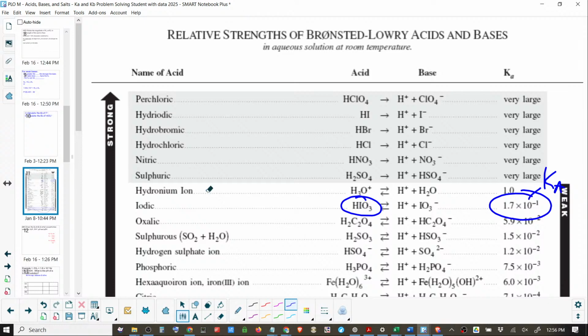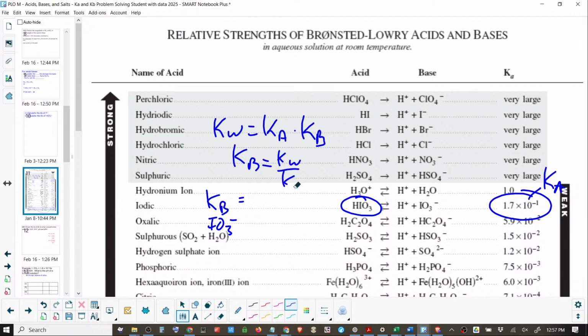So if I asked you for the Kb of IO3 minus, how would you calculate that? Kw is equal to Ka times Kb. Kb is equal to Kw divided by the Ka, which means 1.00 times 10 to the minus 14.